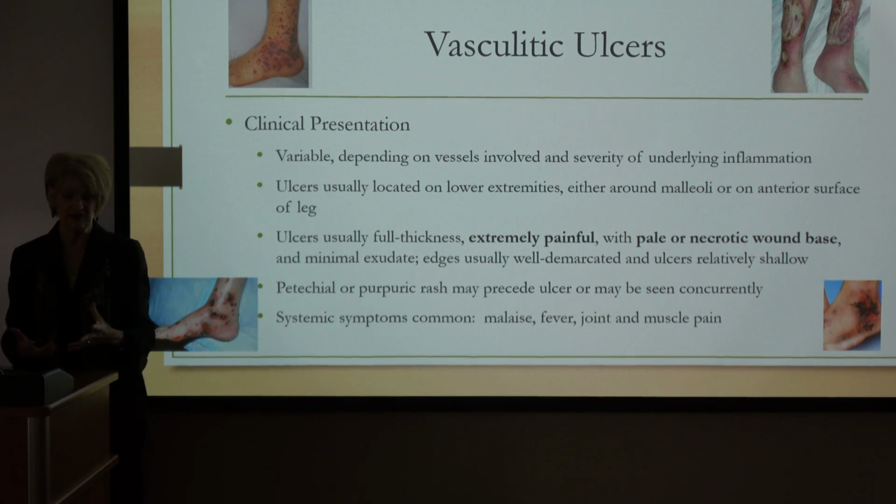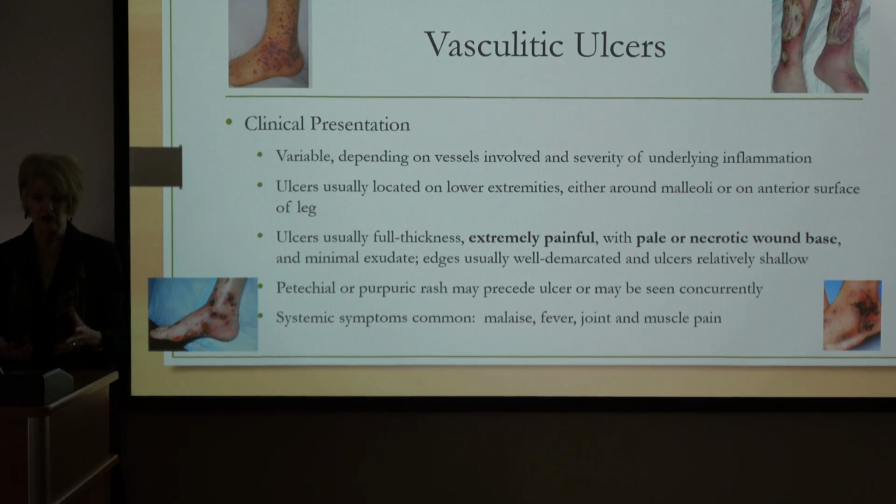Not surprising that the ulcer bed is frequently pale or necrotic. Usually minimal exudate, again, that goes along with not much blood flow. And the ulcer edges are usually well demarcated. Ulcers are relatively shallow, most of the time, but sometimes deep.